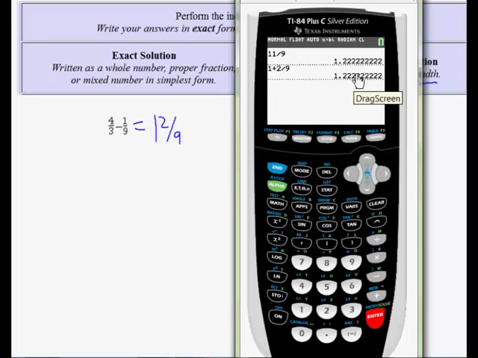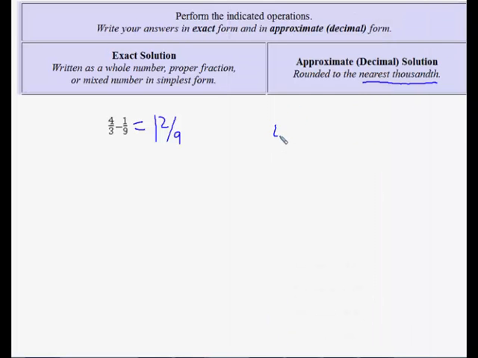Since the digit just to the right of that, the fourth place, is a number smaller than 5, I will not round this number up. I will leave my answer 1.222. Because my answer is only an approximation, not the exact answer, I will indicate this to people by writing the approximate symbol rather than an equal symbol. My answer is approximately 1.222.